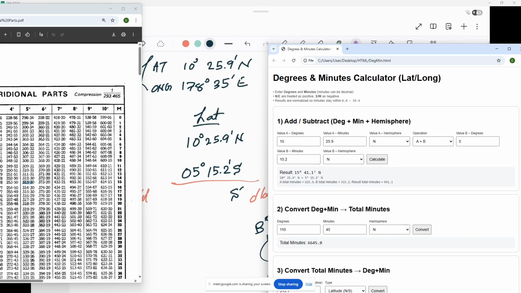So that is 15 degrees 41 decimal 1, which is 941 decimal 1. D lat is 941 decimal 1.